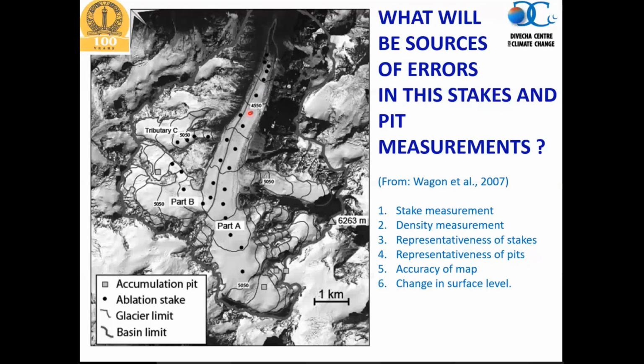And this is done predominantly in the ablation area where ice is exposed on the surface. You mark the glacier, and you go there at the end of summer, conventionally 31st September.